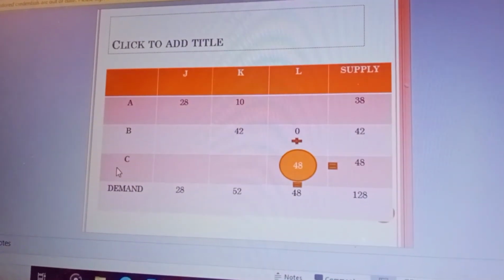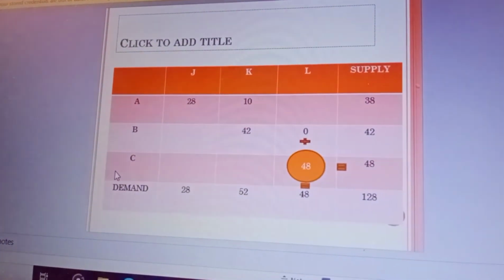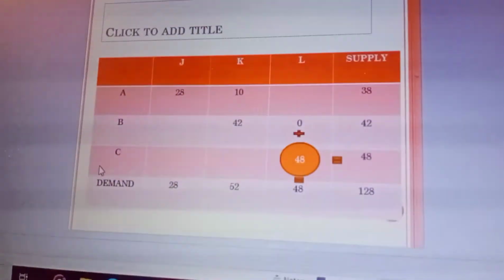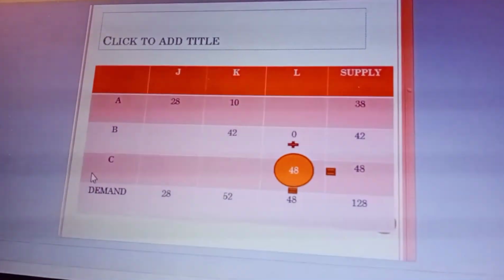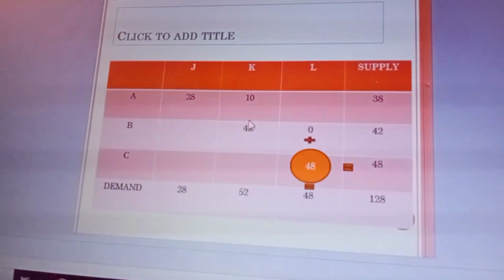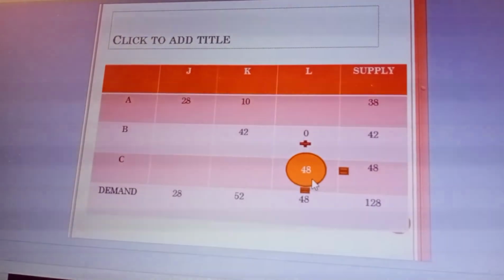But if we get the wrong answer, we go back to 0 and we repeat again from the top. So, 0 plus 48.